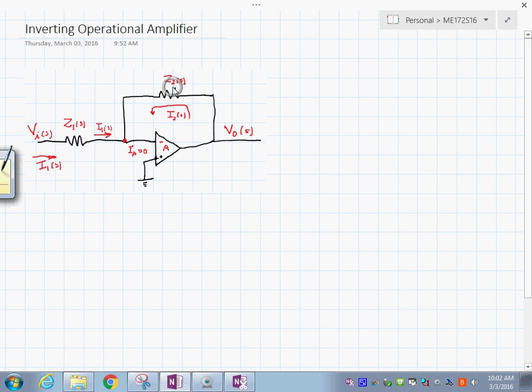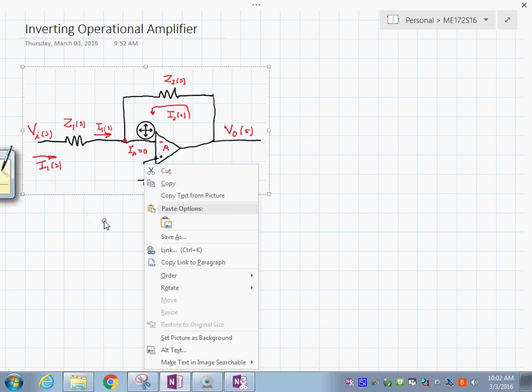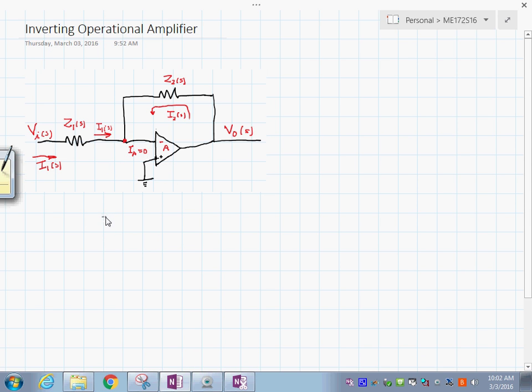So if this is 0, we have to see what the circuit does at this node, and also what this input and this impedance do.